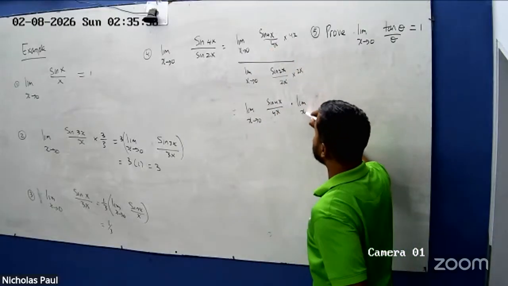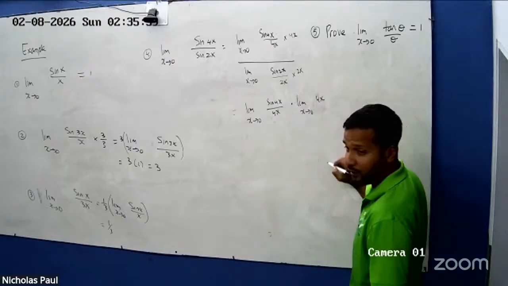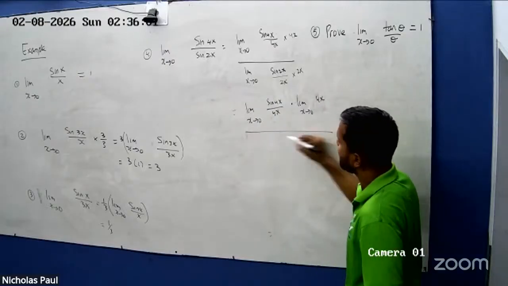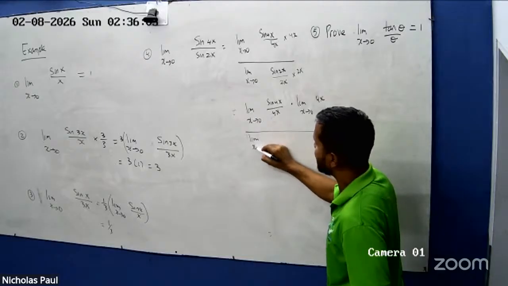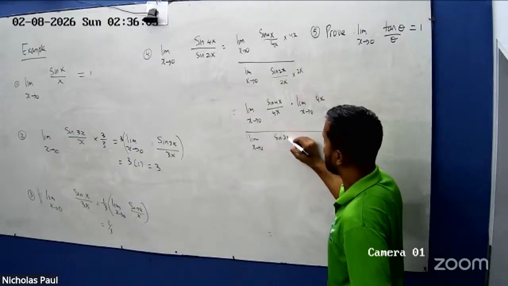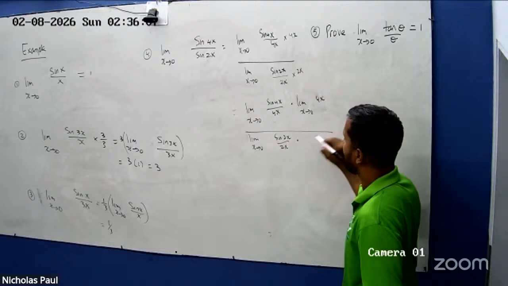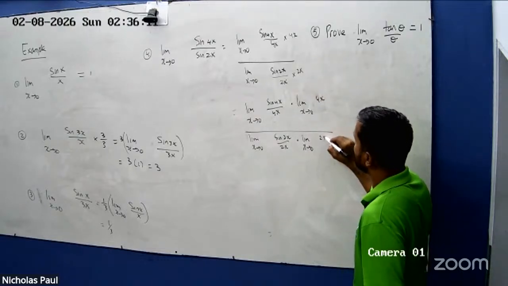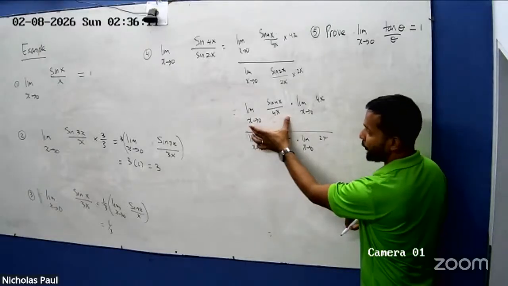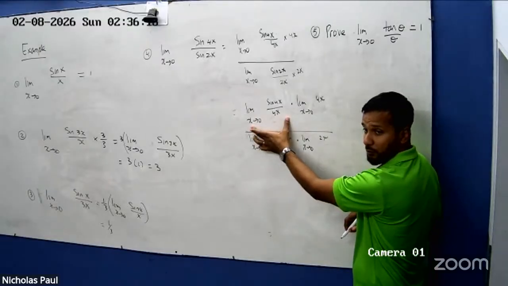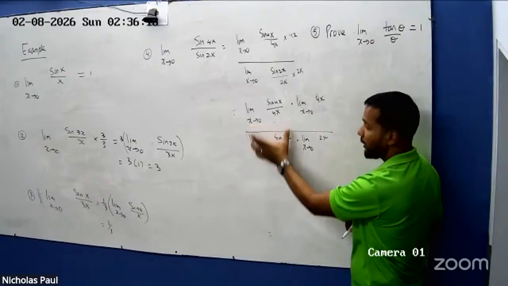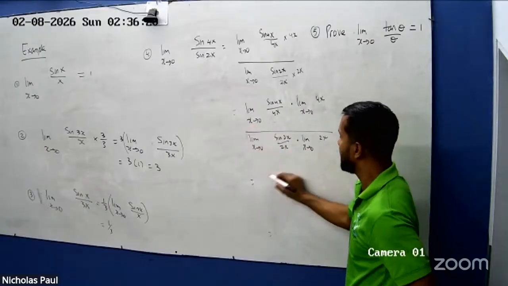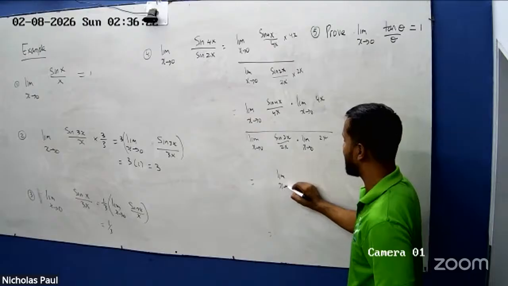The limit as x approaches 0 of 4x all over the limit as x approaches 0 of sine 2x, over 2x by the limit as x approaches 0 of 2x. Now we know this is what? This is what? And this is 1. So now we have the limit as x approaches 0.